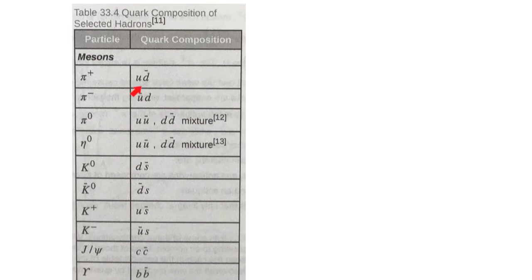But what we do know about mesons is their quark composition consists of 2 quarks, always 1 quark of one flavor, and then an antiquark of a different flavor. We also get these quarks here, which have the various mixtures of these combinations.